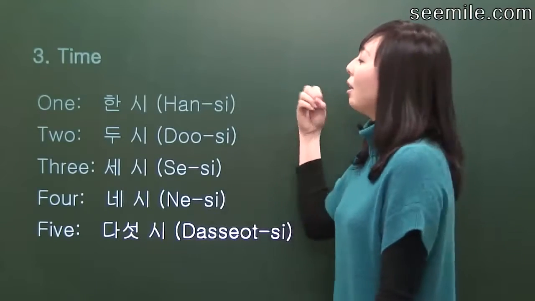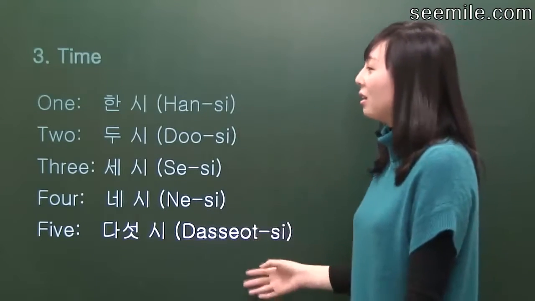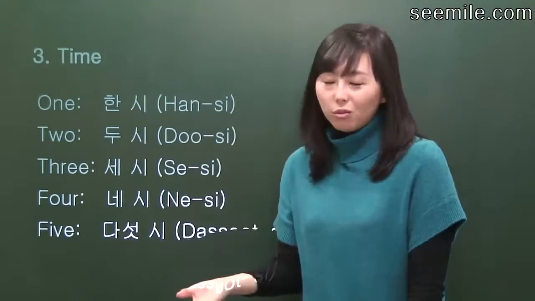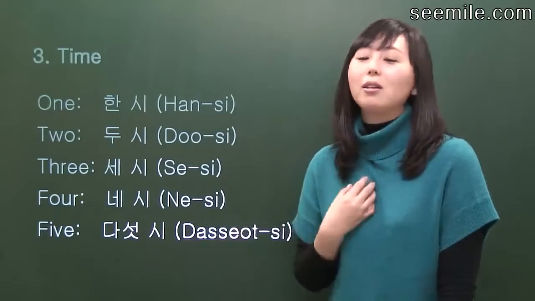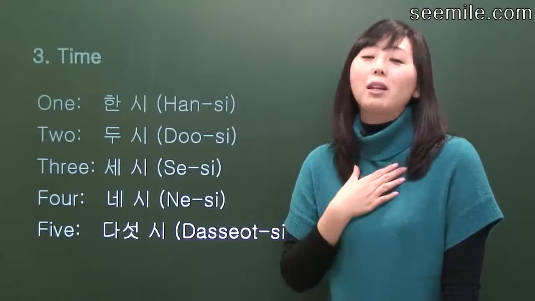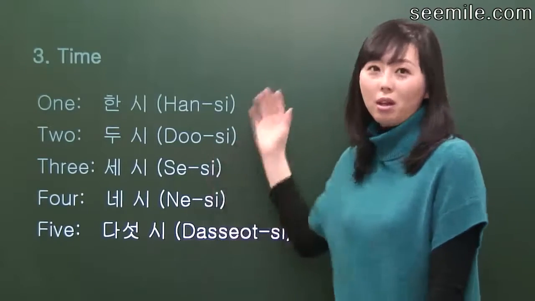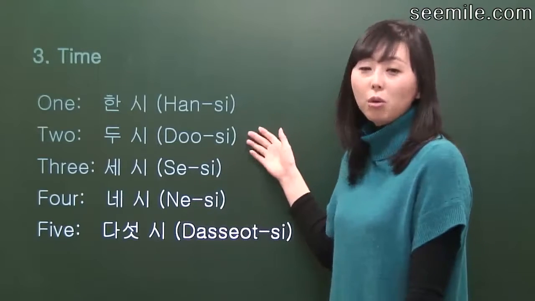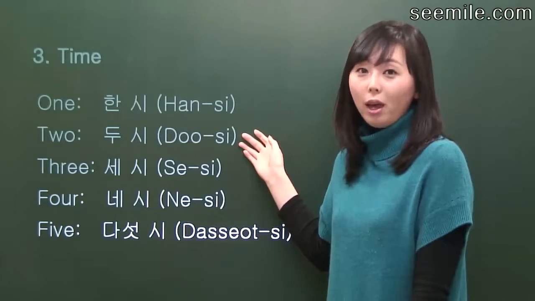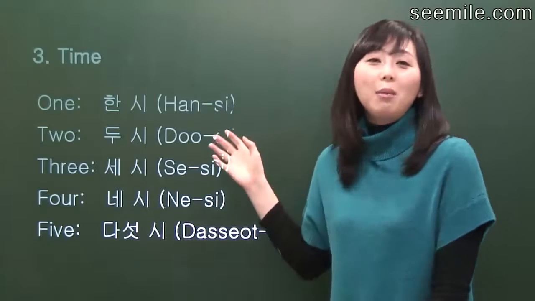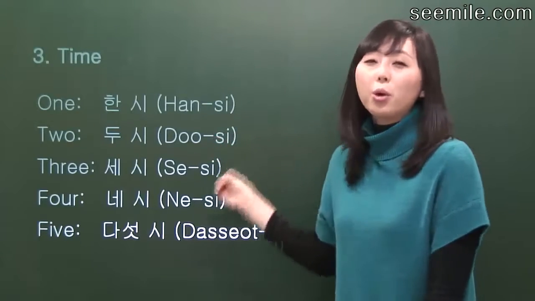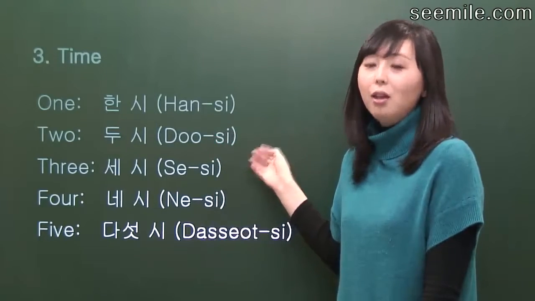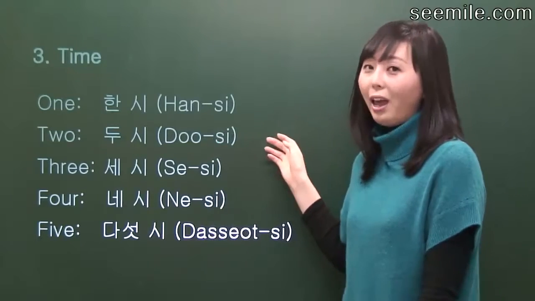If you can memorize all these things, it's really great, but I'm not pushing you. I'm teaching you that we have these numbers for time. So don't be intimidated. Don't be so worried about these numbers. Just follow me. Okay?